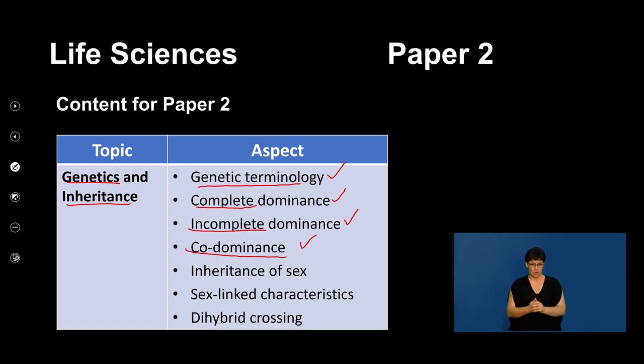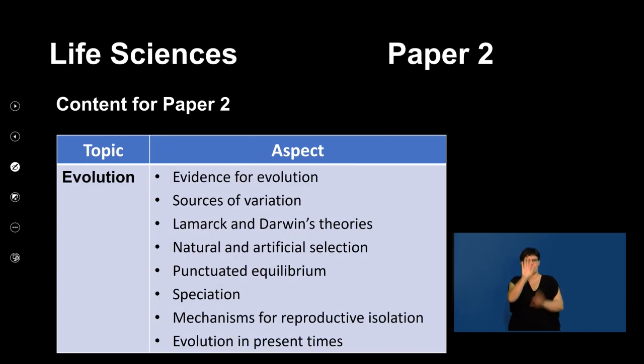Very importantly, we've got to look at the inheritance of sex-linked characteristics, which I'm going to spend some time looking at in this lesson. We also need to look at how sex is determined in an individual. We've got to look at the dihybrid cross as a mechanism of being able to look at how characteristics are inherited together when we look at the inheritance pattern.